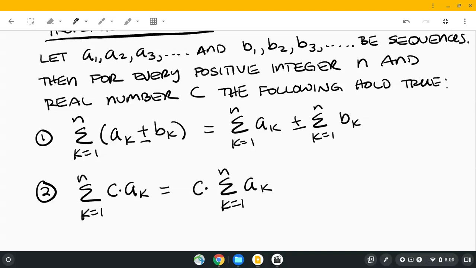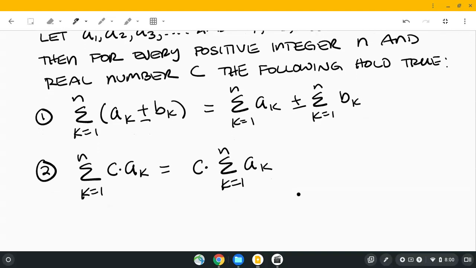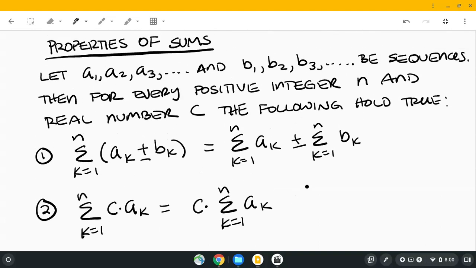And then whatever answer you get over here, you can take that and multiply it with c. So those are your properties of sums. You really have three because you have one here for subtraction. So you have one for addition, one for subtraction, and then one for multiplication.